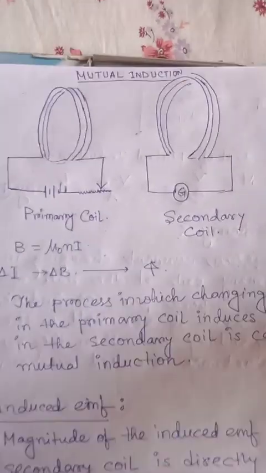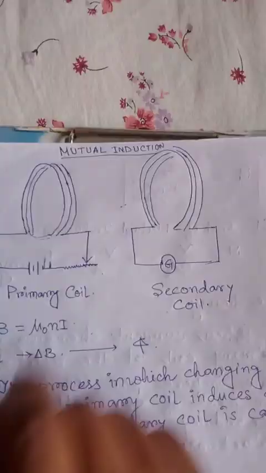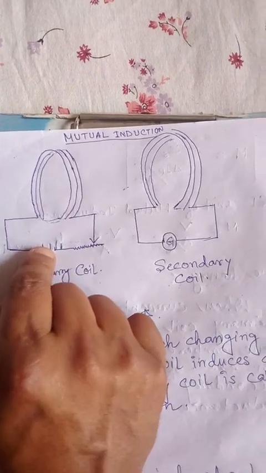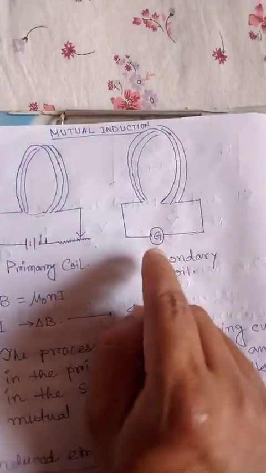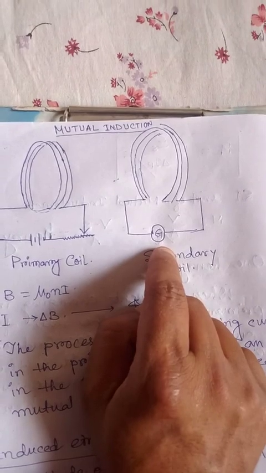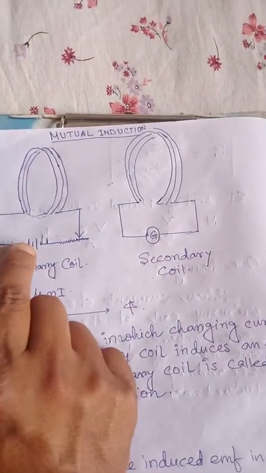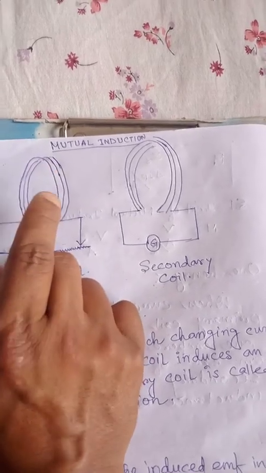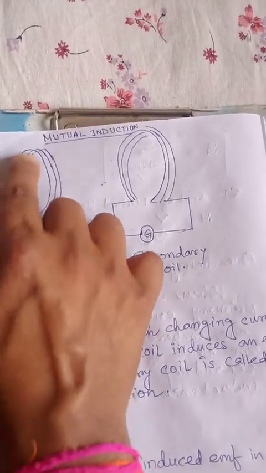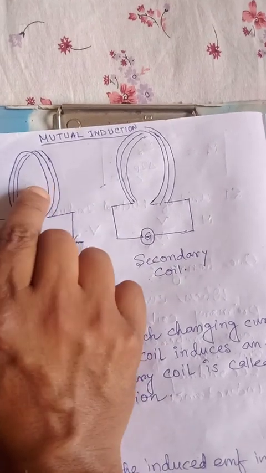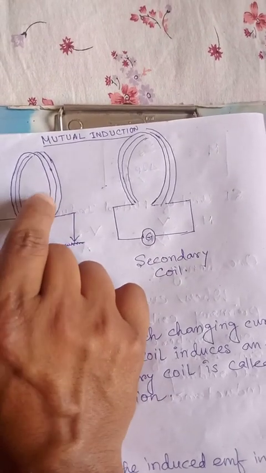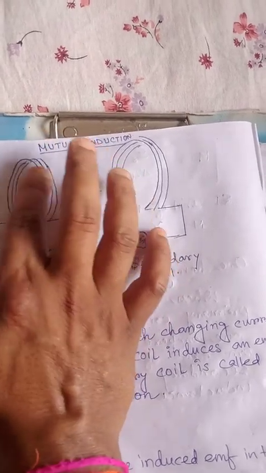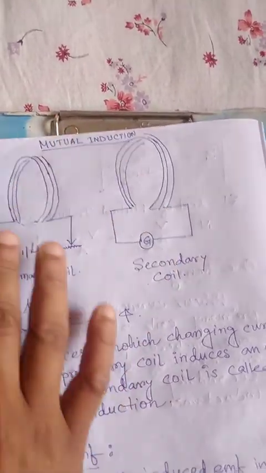At first we have to understand. First we take two coils and connect one coil with a battery and another coil with a galvanometer. Now, due to the connection with the battery, some current passes through this coil, so it becomes a current carrying conductor, and it induces some magnetic effect around itself.